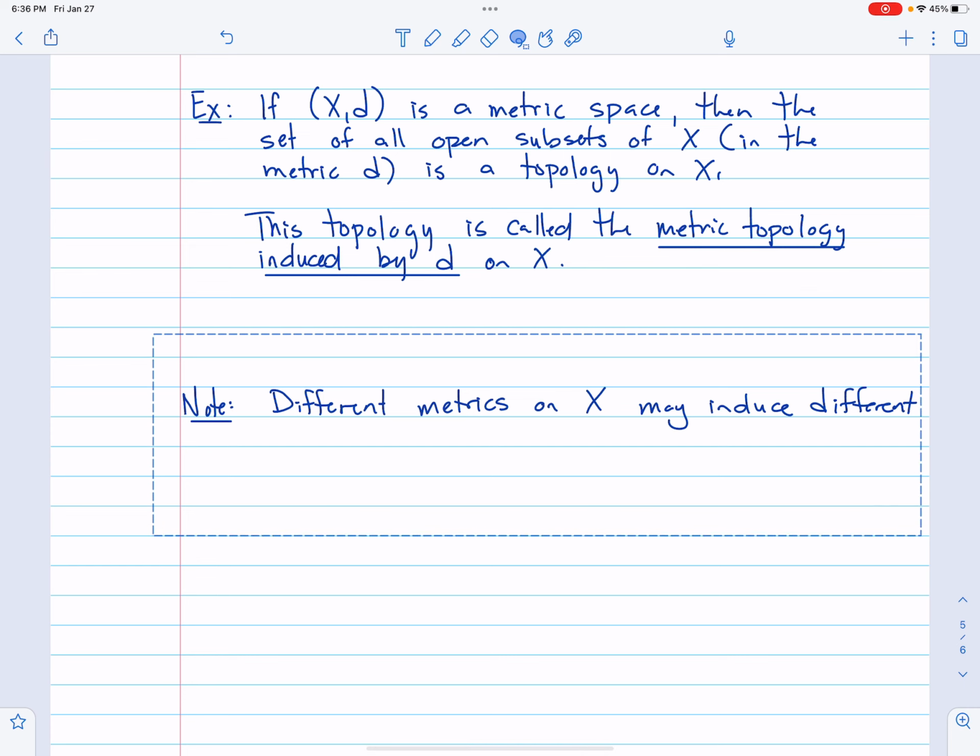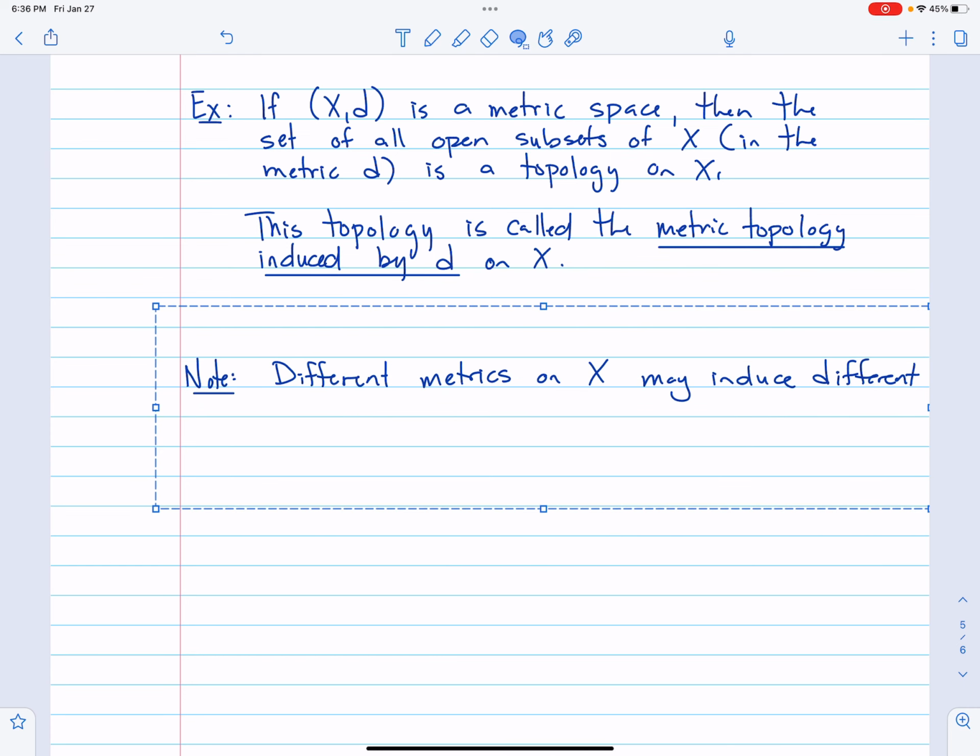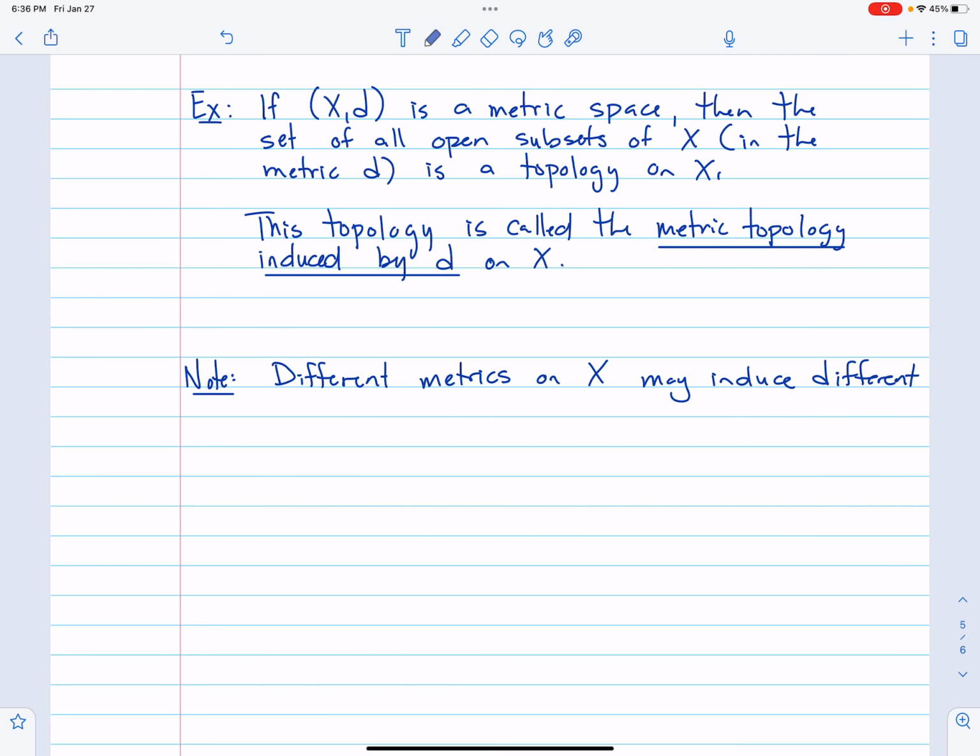So the topology can depend on the metric you pick. Different metrics on X may induce different topologies on X.